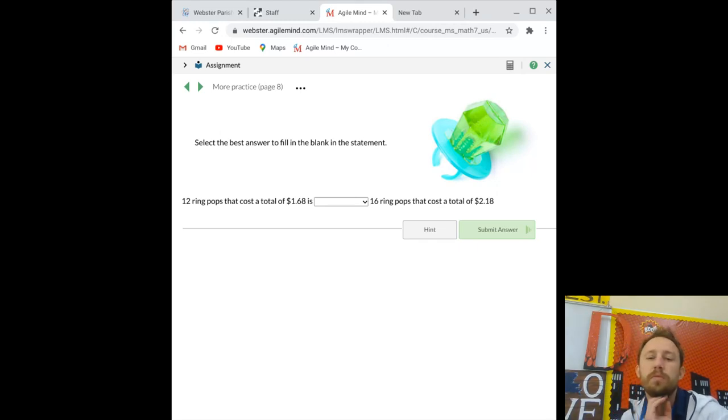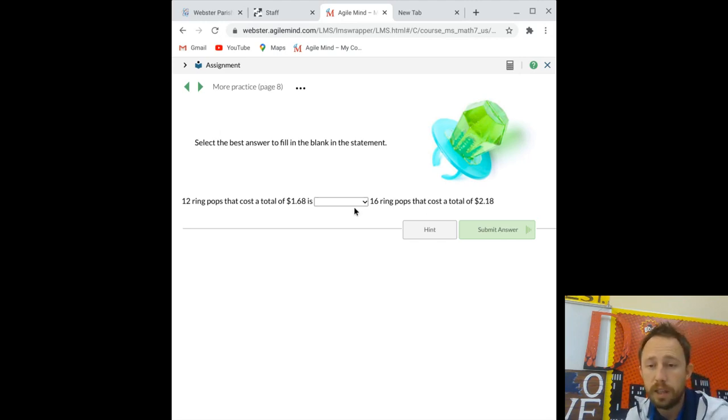So we did $1.68 divided by 12. Good. And we did $2.18 divided by 16. Good. And so what did you find out? That the 12 ring pops was the worse buy than the 16 ring pops.